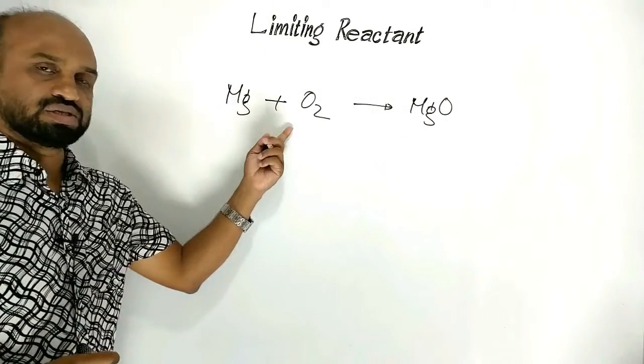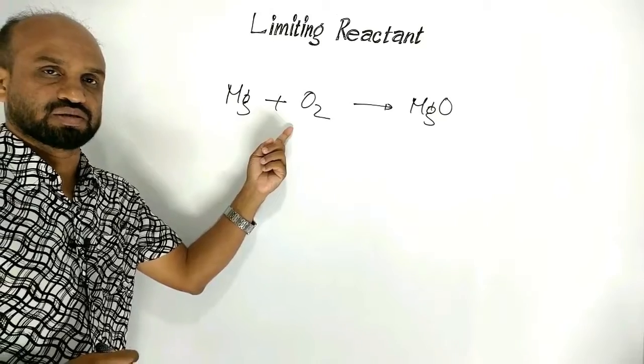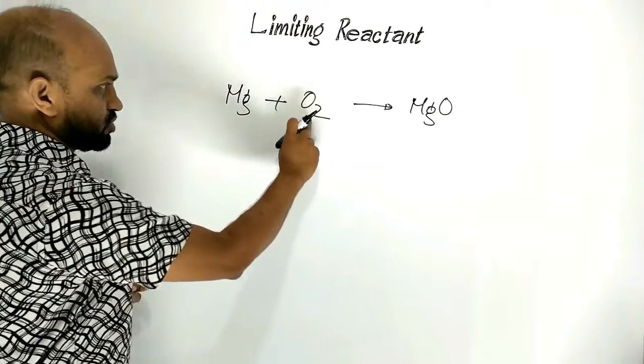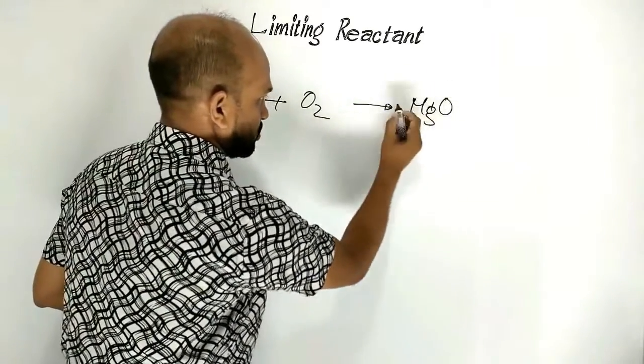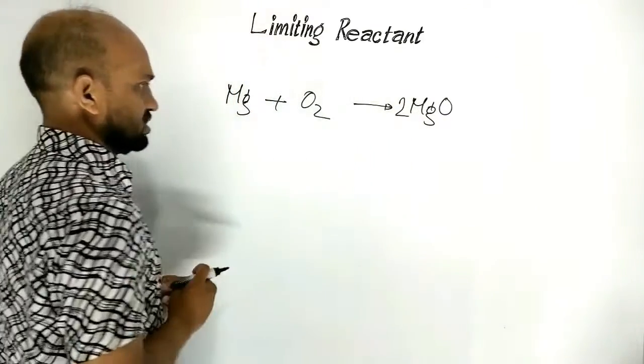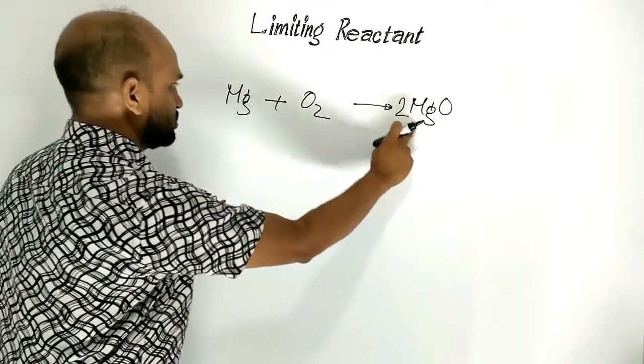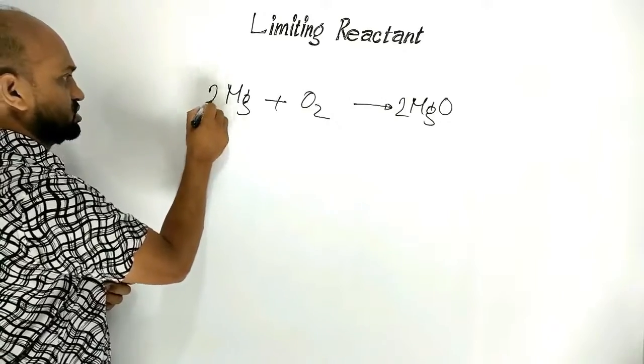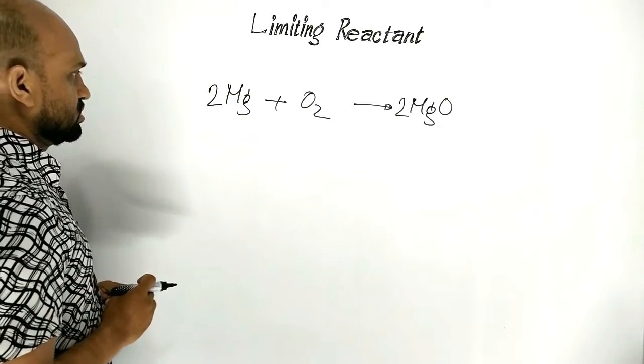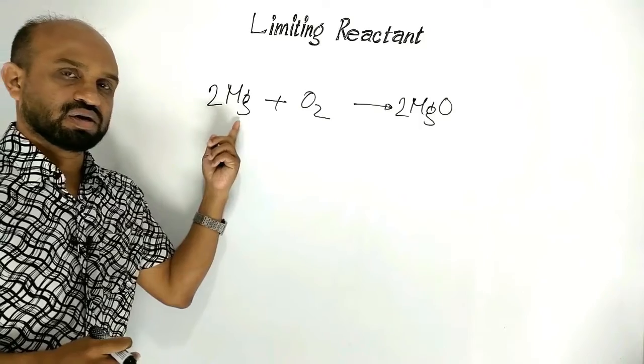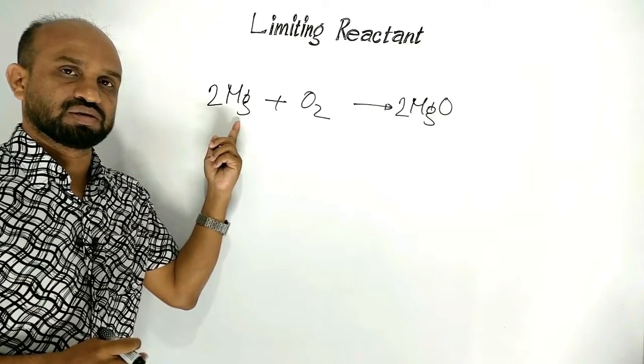Now, this reaction must be balanced. Here 2 atoms of oxygen, here 1 atom, so 2 is put here. 2 magnesium atoms, here 1, so this is 2. Now, let's calculate the amounts of these reactants.